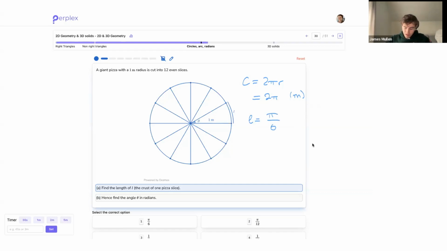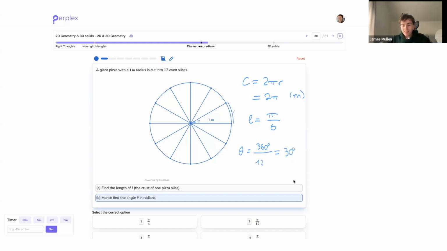And let's think about what the angle theta is, first in degrees and then maybe in radians. If the whole circle is 360 degrees and theta is 1/12 of that, then theta is 360 degrees divided by 12, which is 30 degrees.